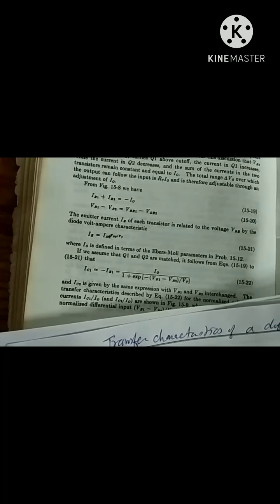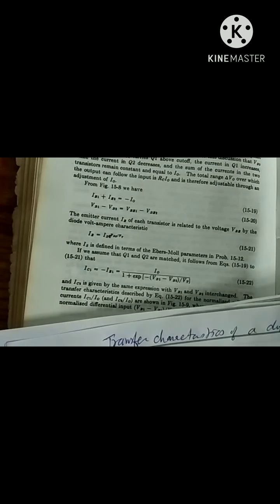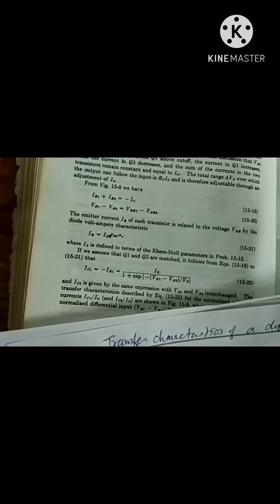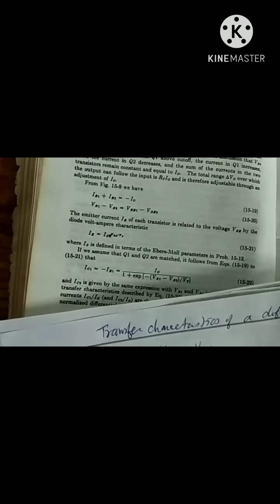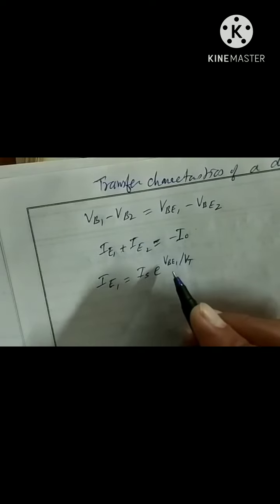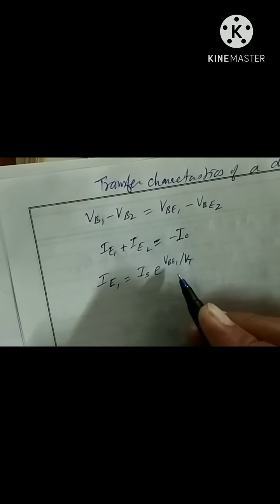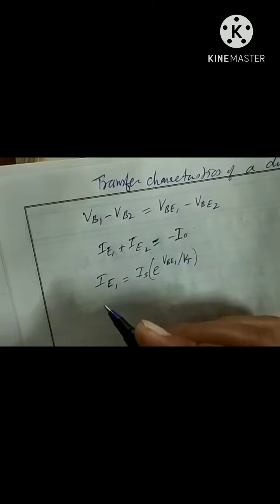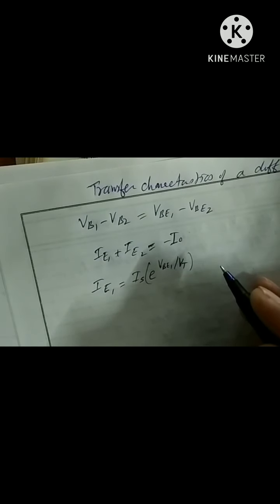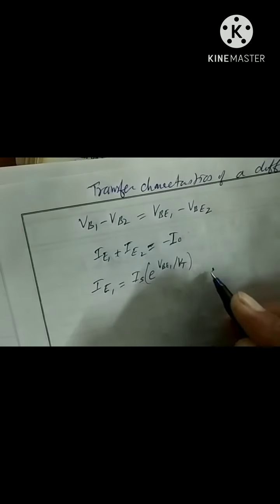We can say IE1 is equal to IS into e power VBE1 by VT, and similarly for IE2.